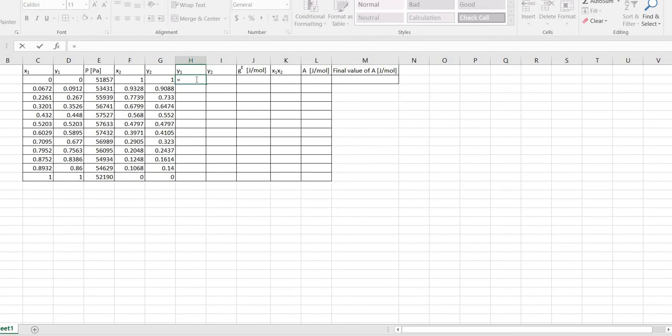The activity coefficient of species 1 is going to be equal to y1 times the total pressure of the system divided by x1 times the saturation pressure, which the saturation pressure for species 1 was 52,187 pascals. Calculating gamma 2 is going to be the same equation, just using everything for species 2.